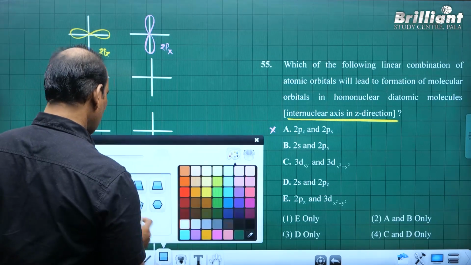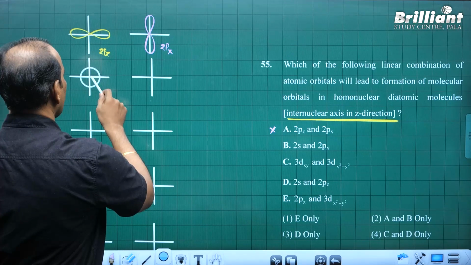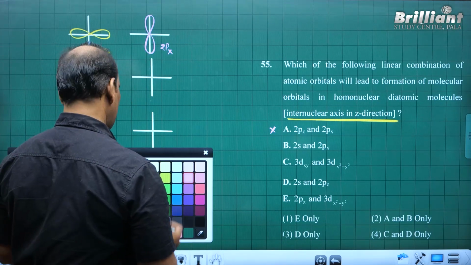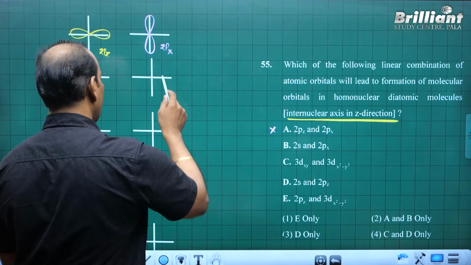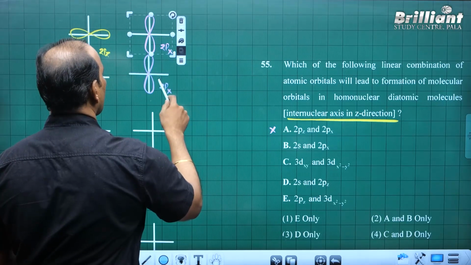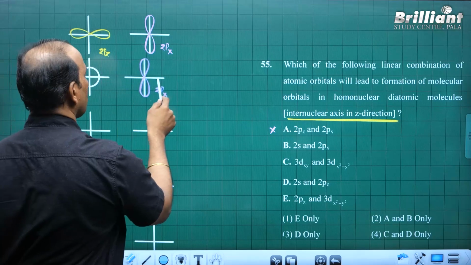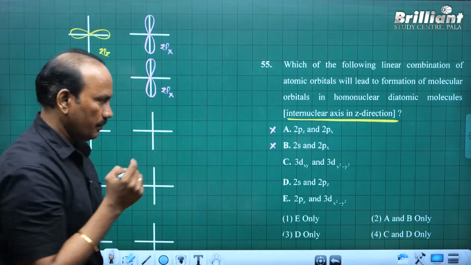This is s orbital. Okay. Next one is the same. Here we go to this one, this is not possible.